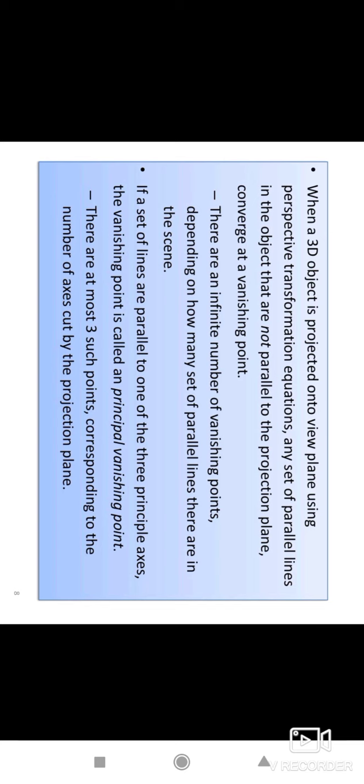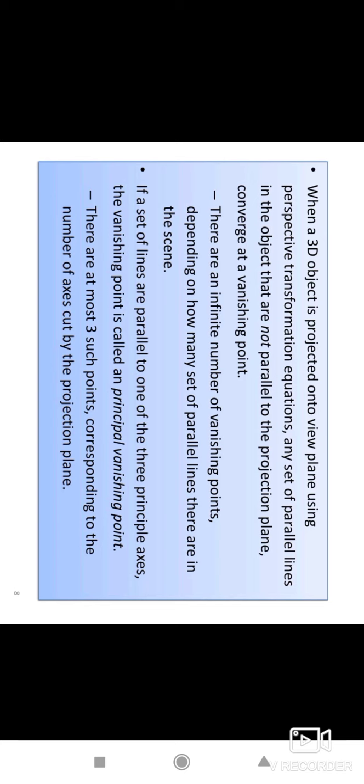Any set of parallel lines in the object that are not parallel to the projection plane converge at a vanishing point. There are an infinite number of vanishing points, depending on how many sets of parallel lines are there in the object which is to be projected.